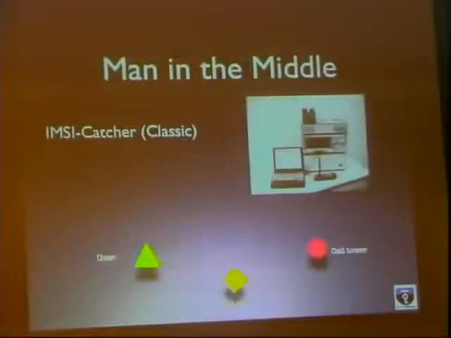So they built a system, people at Rohde and Schwarz in Munich, that you see on top there. Normally, you have the user talking directly to the cell tower. So we have our bad guy down there. What the bad guy is doing now is impersonating the cell tower.